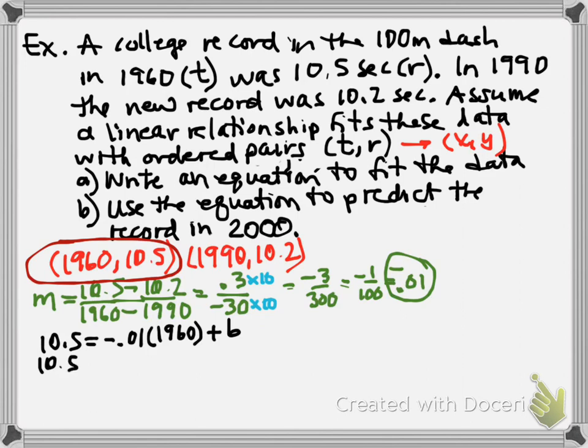So we have 10.5 equals negative. When I multiply by 0.01, the number 1960 doesn't change. What changes is where the decimal point ends up. So I get negative 19.6, because I had to move the decimal point left twice, plus the b value. Then I add 19.6 to both sides.